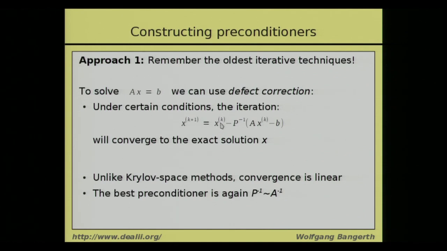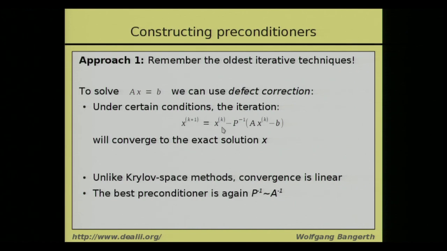I'm going to use something that we call a defect correction. The defect is Axk minus b. Today we would call this the residual. I take this residual, multiply it with something, and subtract it from the previous iteration. Under certain conditions, I can show that this iteration actually converges.